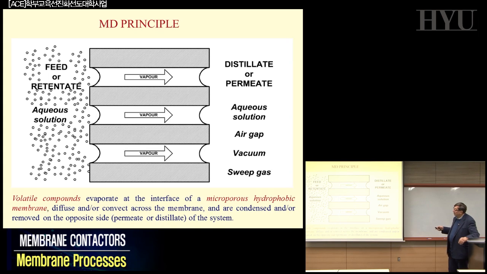In this case, assuming this is strongly hydrophobic and porous, you have seawater, a salty solution, on one side, in liquid phase. What is happening here, just because of the surface energy of this material, its hydrophobic character?